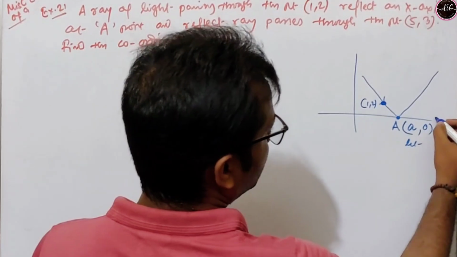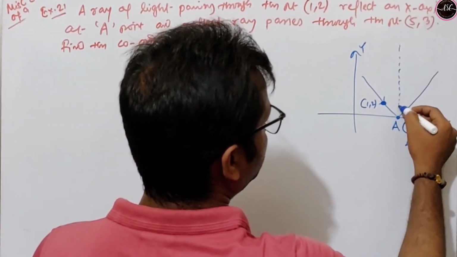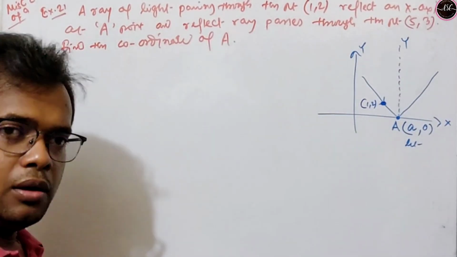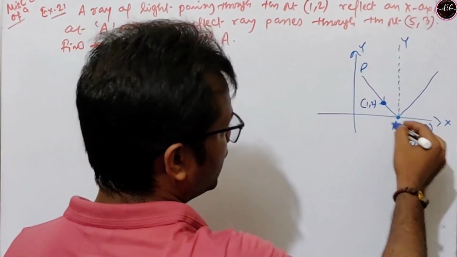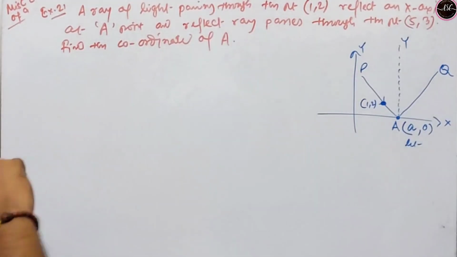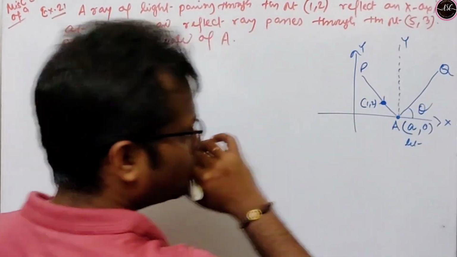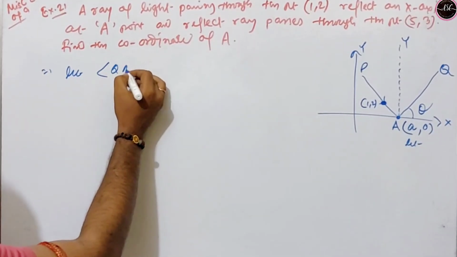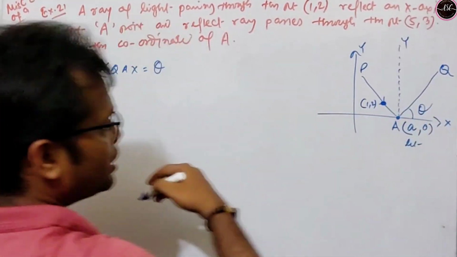Okay, this is the x-axis and this is the y-axis. If we draw the perpendicular, that will be parallel to the y-axis. So let this be the P ray and this be the Q ray. Let this angle be theta, so let angle QAX equal theta, and YAX equal to 90, we know.